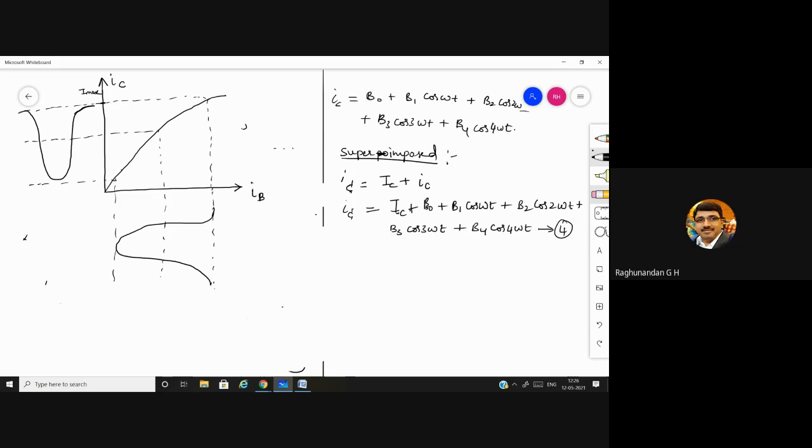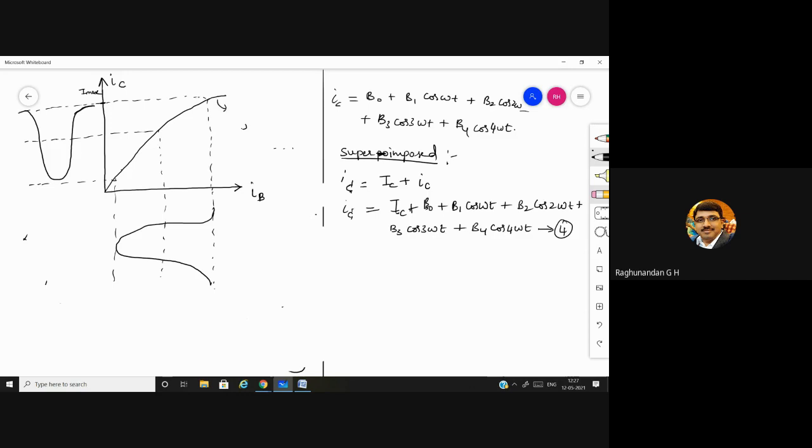This is the input current that we are giving. The distortion occurs at the output side, and at the output side, the output current is the collector current. So obviously distortion has to come in the collector current only. IB is the input current. That's why we expect distortion in the output.